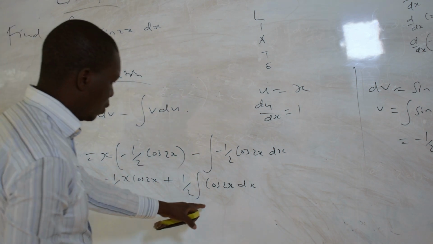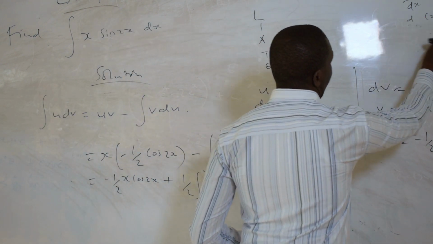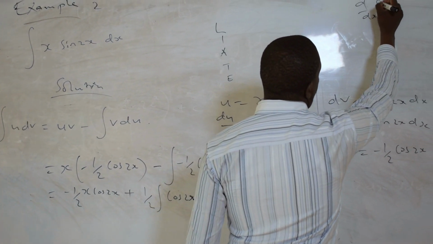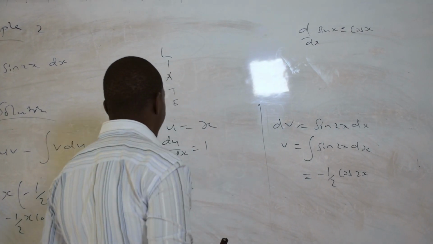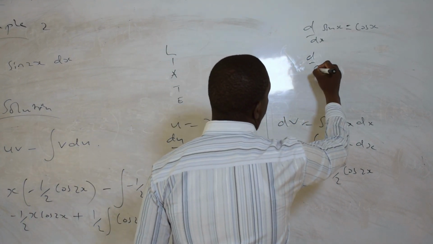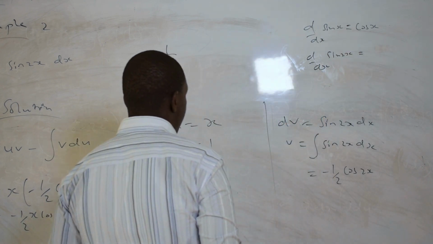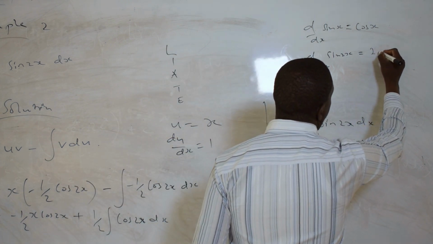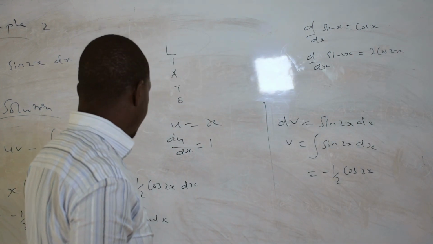Again, to find the integral of cos of 2x dx, you know very well that the derivative of sine x is positive cos x, and therefore the derivative of sine of 2x will be 2 cos of 2x, but we need to have only cos of 2x.